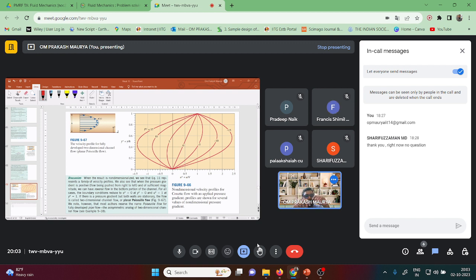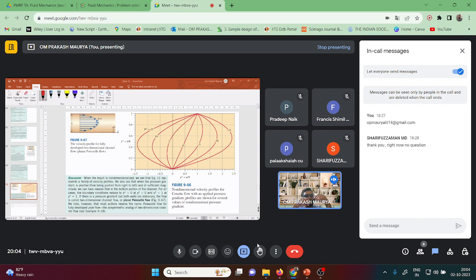The order is written that way because generally when you represent these, first you represent the datum, then the static head, then the velocity head, and then you represent how much is reducing due to the friction head.